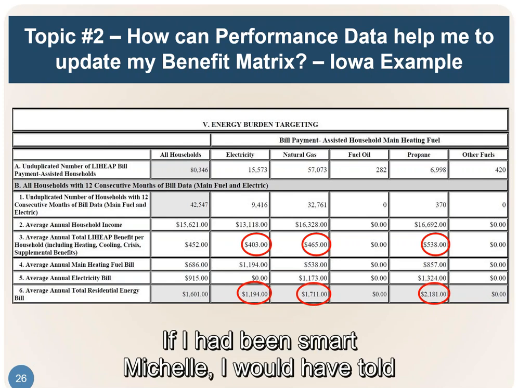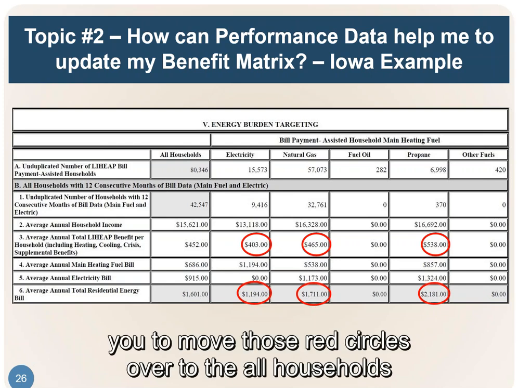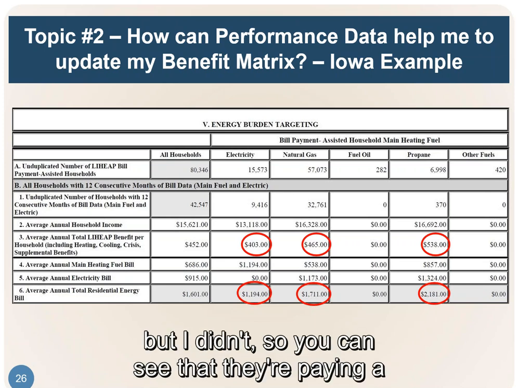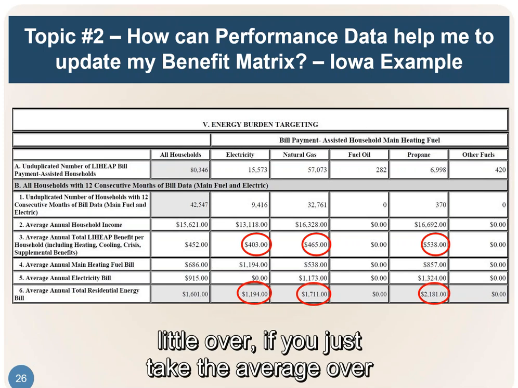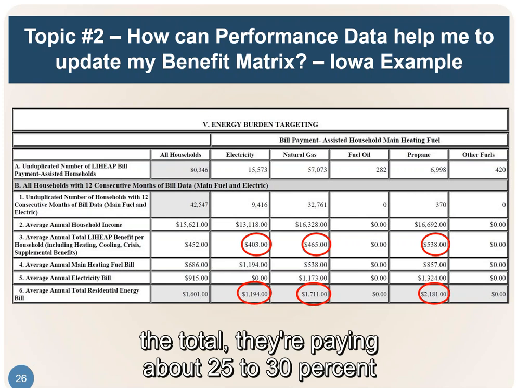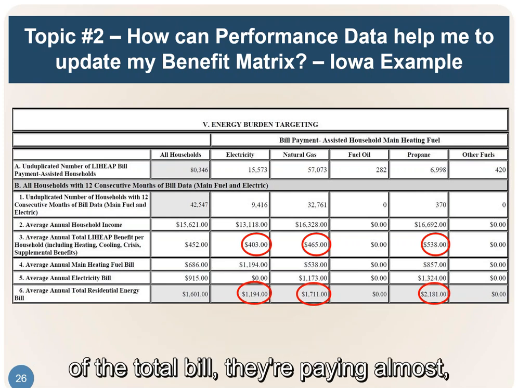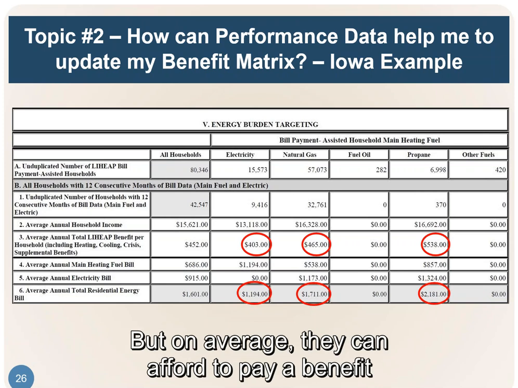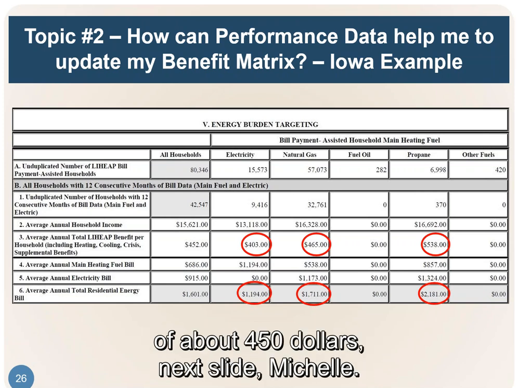If I had been smart, Michelle, I would have told you to move those red circles over to the all households column so people could see that better, but I didn't. So you can see that they're paying, if you just take the average over the total, about 25 to 30% of the total bill. They're paying almost 2/3 of the average main heating fuel bill. But on average, they can afford to pay a benefit of about $450. Next slide, Michelle.